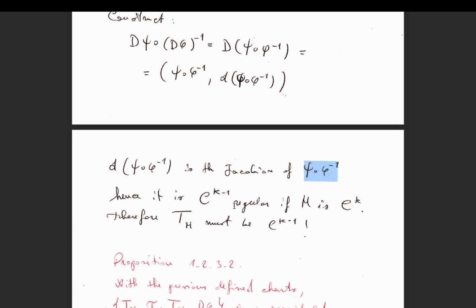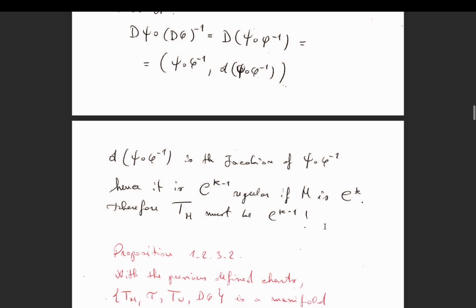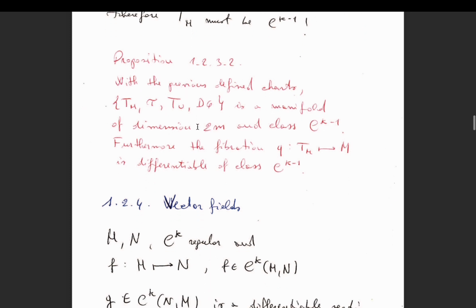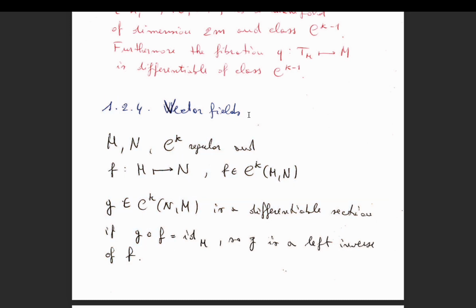So the tangent bundle is a C^(k-1) differentiable manifold when we implement it via the coordinate charts obtained with this big Dφ, and the open sets we have already discussed. So it's a manifold of class k-1 if the base manifold is of class k. This is the first thing.